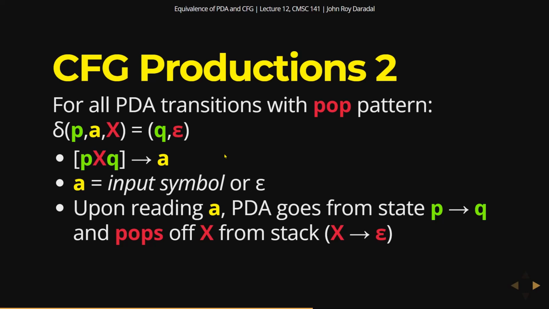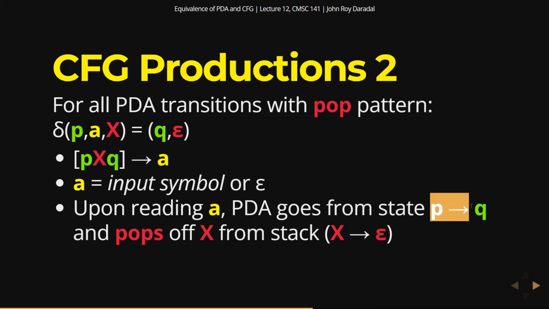So what does this mean? Upon reading A, the PDA goes from state P to state Q, and it pops off X from the stack because X is replaced with epsilon. Now that sounds familiar, because that is actually the description of this variable.